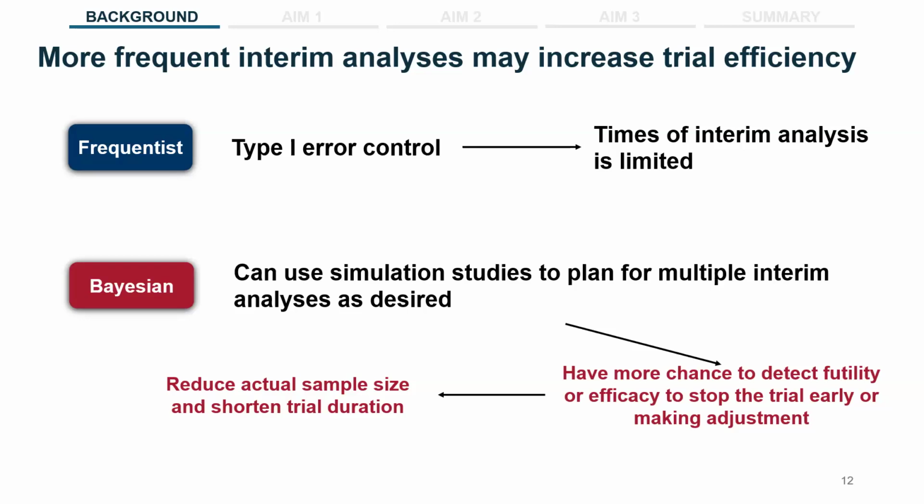So in that circumstance, we can plan for multiple interim analyses as desired, and that would give us more chances to detect futility or efficacy to stop the trial early or make adjustments along the way. And this could help reduce actual sample size and shorten trial duration as well.